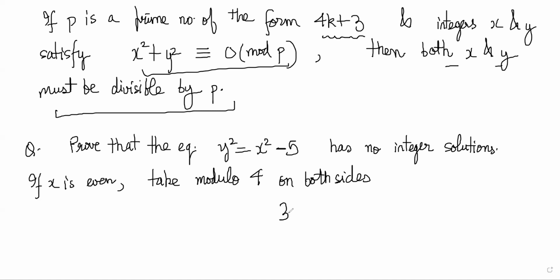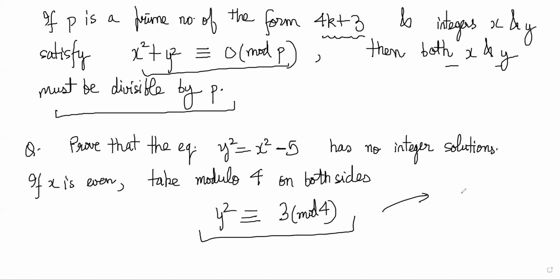So, right hand side is 3 mod 4. And y square is coming equal to 3 mod 4. But that is not possible because we know that the square of any integer can only be 0 or 1 mod 4. So if x is even, we are getting a contradiction. Y square is coming as 3 mod 4. That is not possible. So that means x is odd, right?